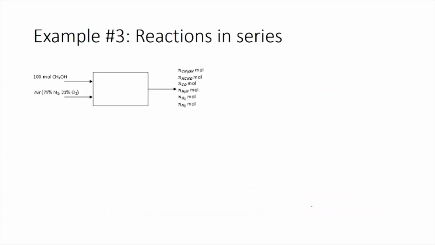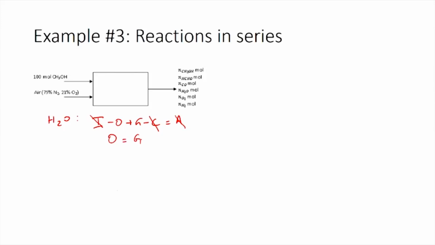The next component for which we can write a balance equation would be water. So, let us write the water balance. Again, as usual, we start with the general balance equation, which is input minus output plus generation minus consumption equals accumulation. So, water is not consumed in the reactions, and at steady state there is no accumulation also, and there is no input of water, giving you output is equal to generation.